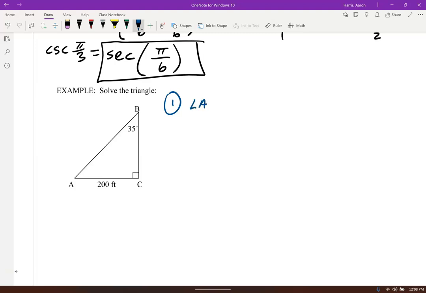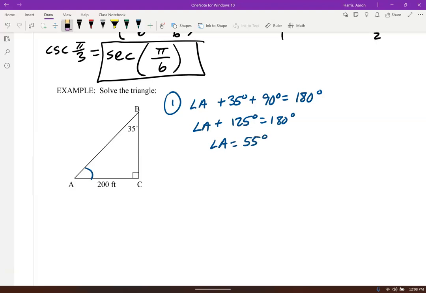So angle A, that's this one right there, we don't know that, plus the 35 degrees plus the 90 degrees, all add up to 180 degrees, right? So I got angle A plus 125 degrees equals 180 degrees. Subtract 125 degrees from both sides, and it looks like I end up with 55 degrees. So let me write that in right here. I got 55 degrees right there.